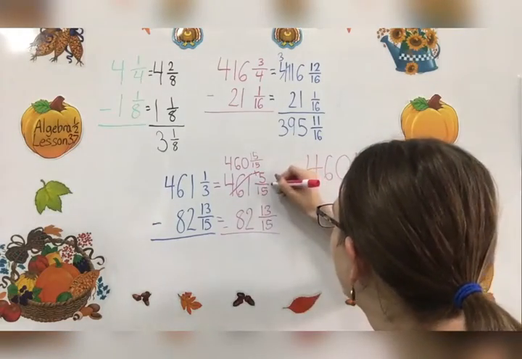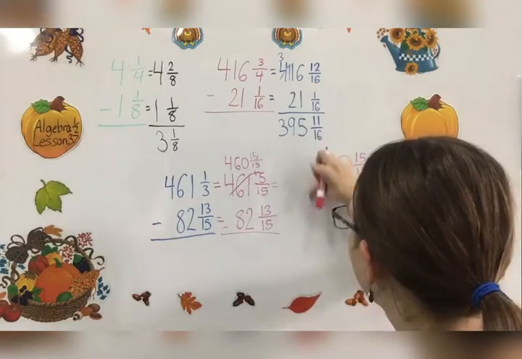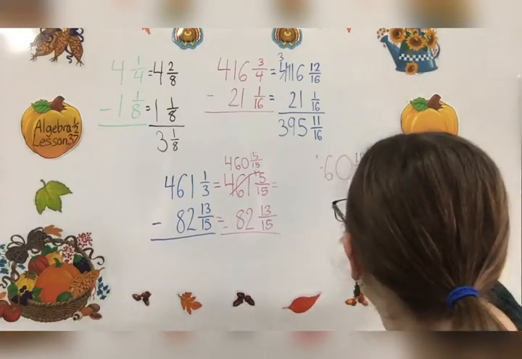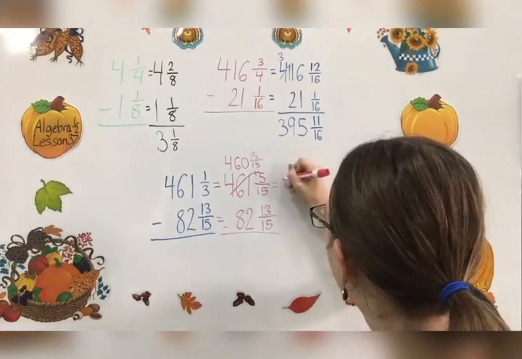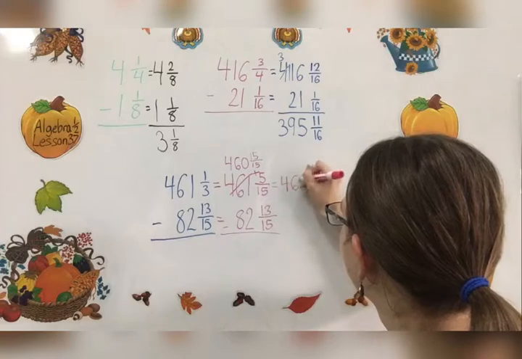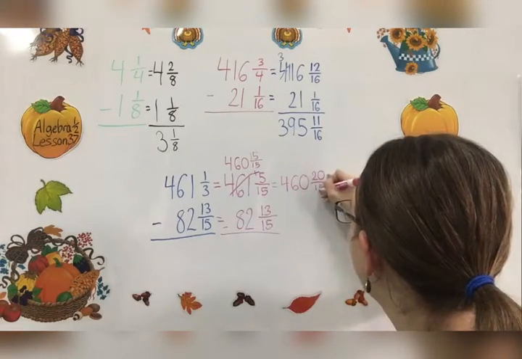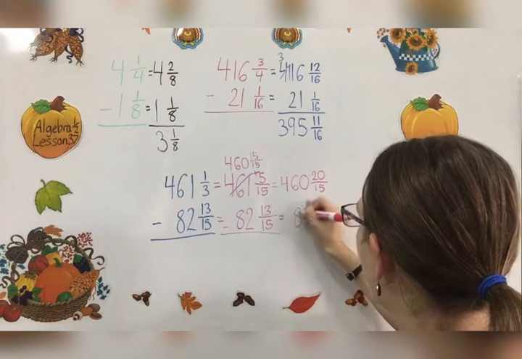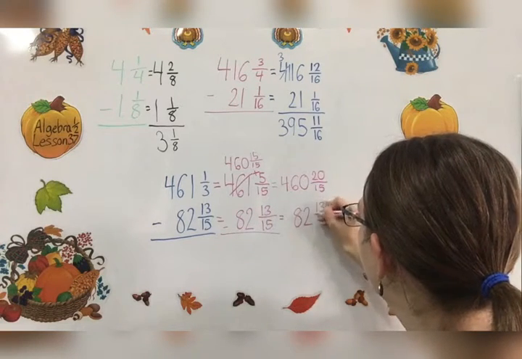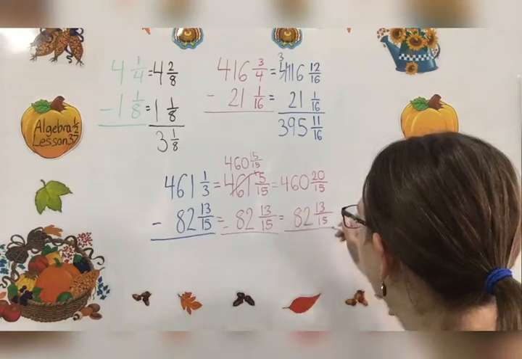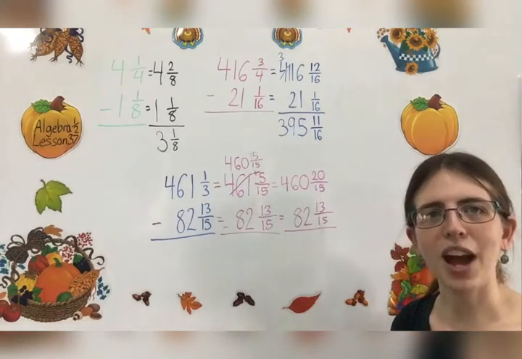Very good. So this has now become, let me erase this, 460, because I lost that one when I borrowed it, and 20 fifteenths, and this is still 82 and 13 over 15. Okay, now I subtract.